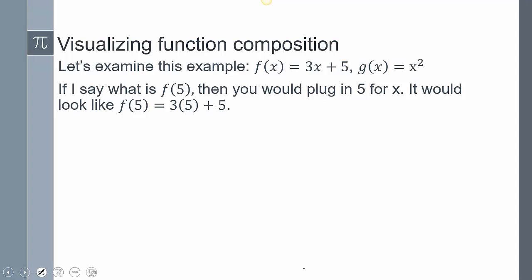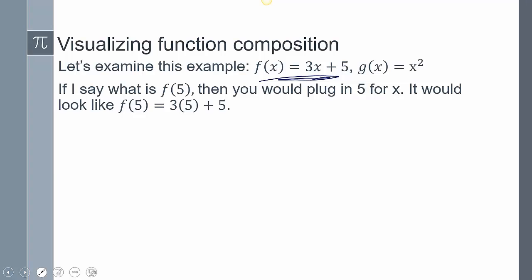Now, say I have the function f of x equals 3x plus 5, and g of x equals x squared. If I said I want f of 5, that means I'm saying take my f function and plug 5 into it. So I took my f function, which was 3x plus 5, and plugged 5 into it, and you would simplify that.